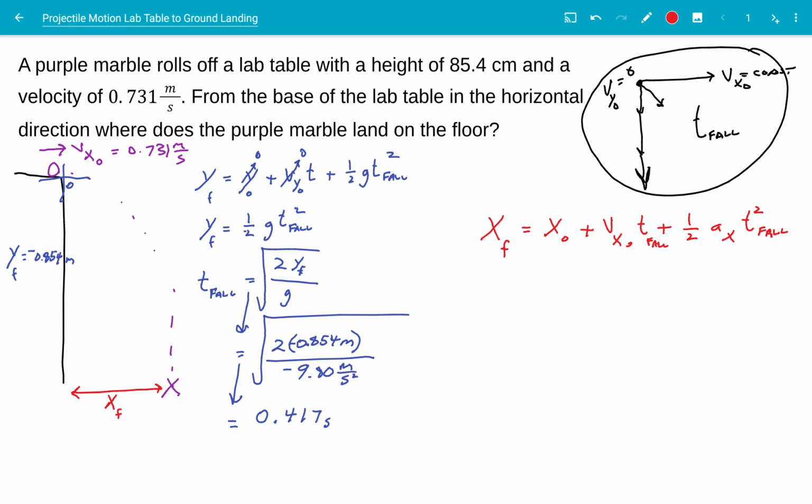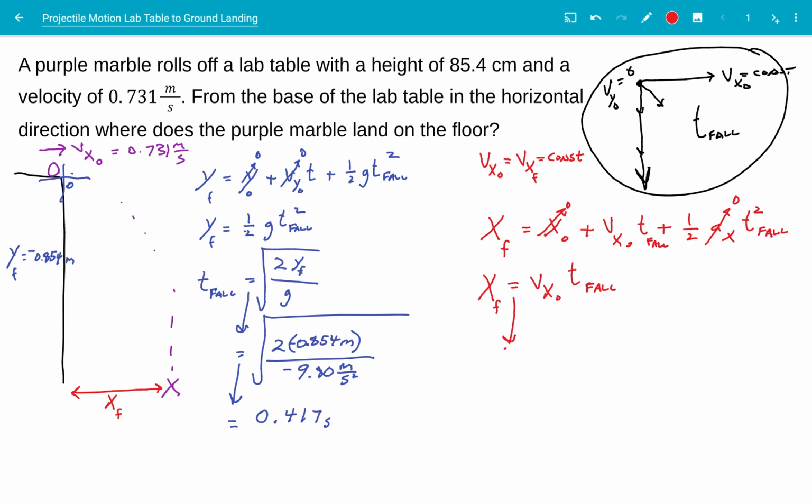Yes. So Vx initial is equal to Vx final because it's constant, just as I wrote earlier. It doesn't change. So therefore, there is no acceleration. That's 0. And starting at the base, well, that's 0 also. So our change in the x direction is going to be Vx initial times t fall.